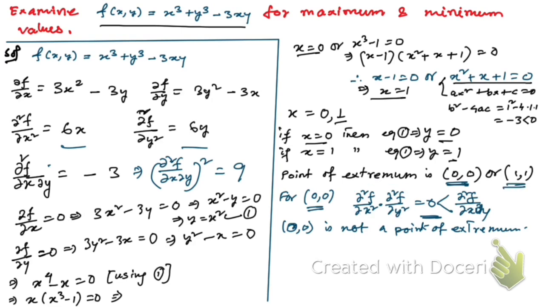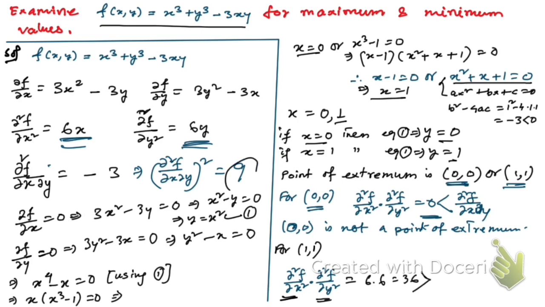If you put 1 here and 1 here, then the value of this is going to be 6, and this is also 6, so 6 into 6 is 36, which is greater than 9, the square of the second order derivative of f with respect to x and y.